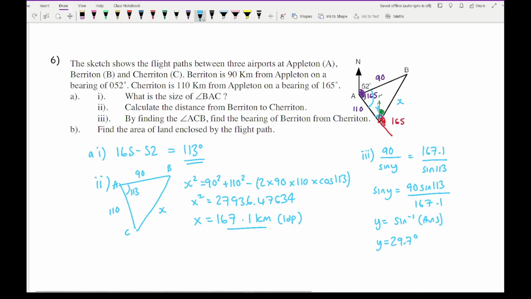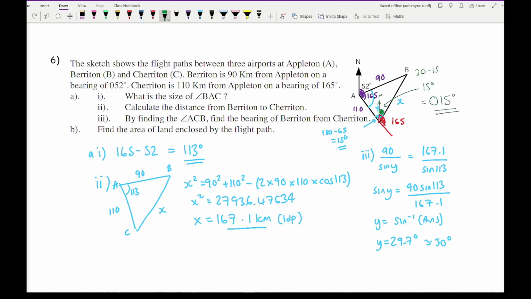So then to work out this little blue bit, that's going to be 180 minus 165, which equals 15. So if I rounded y to 30 degrees, and this angle here is 15 degrees, then that means that this green little angle has got to be 15 degrees from doing 30 minus 15. So therefore that's going to be 015 degrees as a bearing.